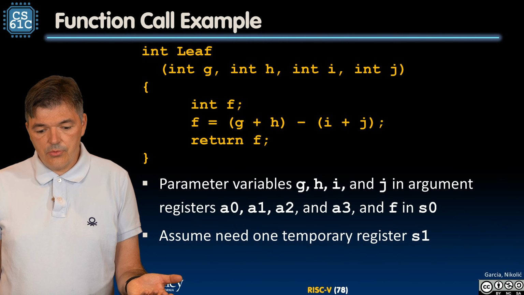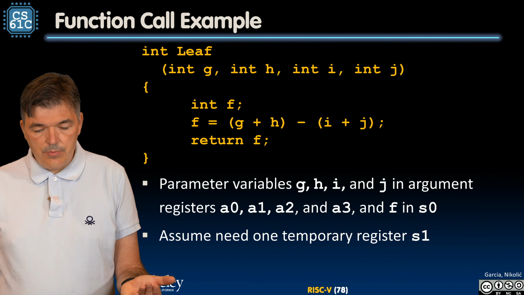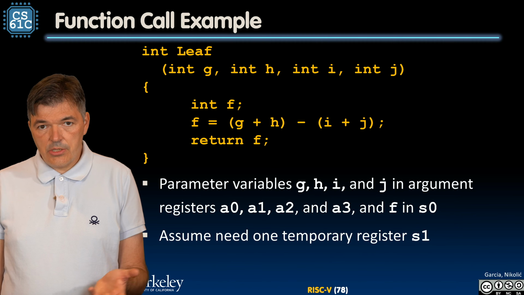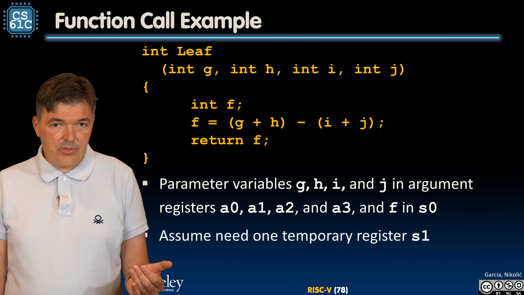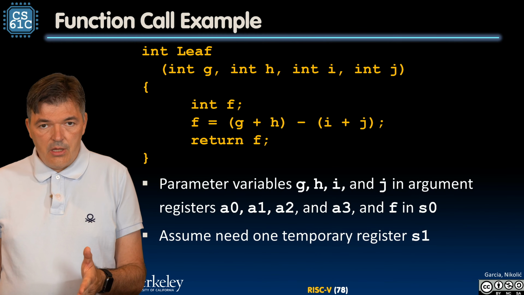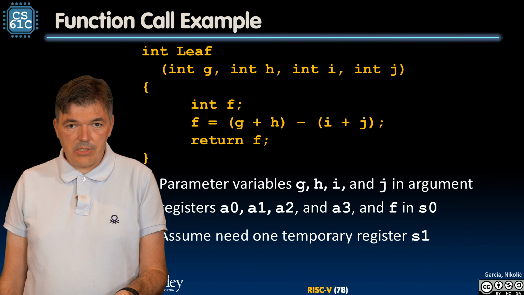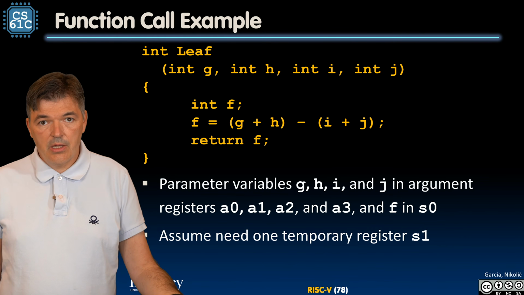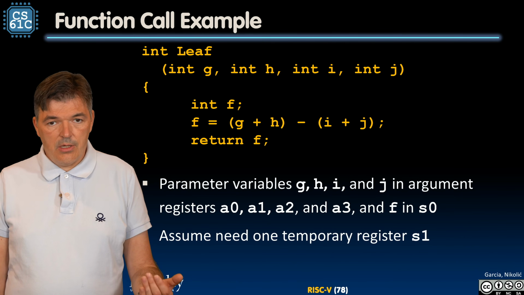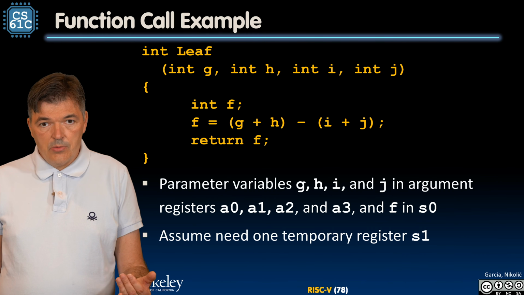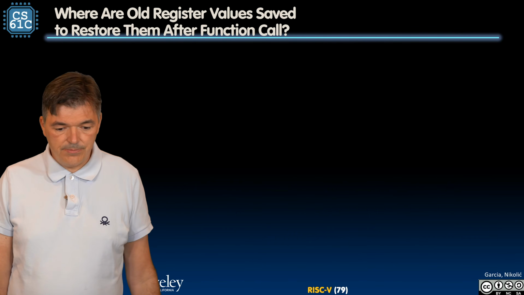F is equal to G plus H minus the sum of I and J. So these parameters G, H, I, and J will be in the argument registers A0 to A3, and F will be using a temporary space in S0 before it is placed back in A0, and perhaps we need one more temporary register S1. So we are going to be writing over S0 and S1.